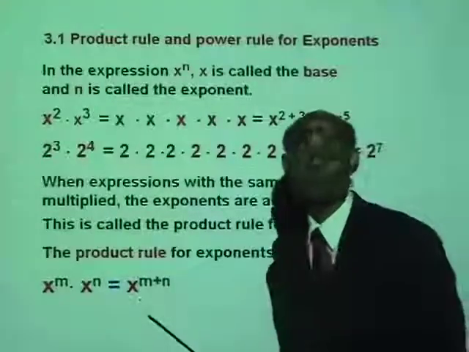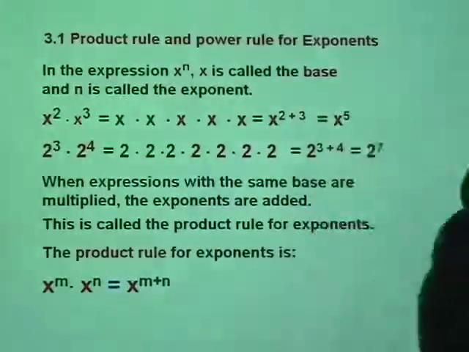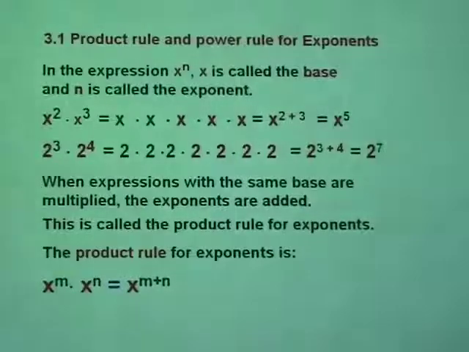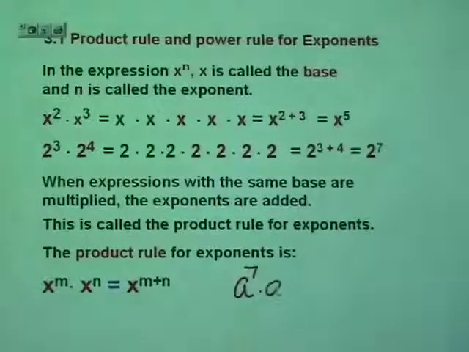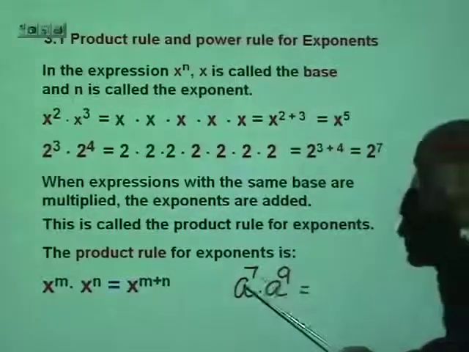A very important rule. Okay, quickly let me ask you then, what is the value of a to the power of 7 times a to the power of 9? Can you use the product rule to simplify this?